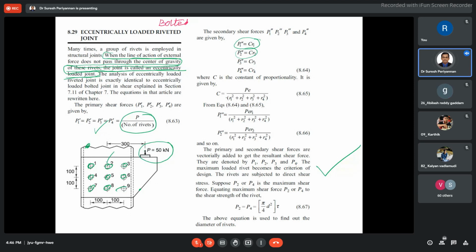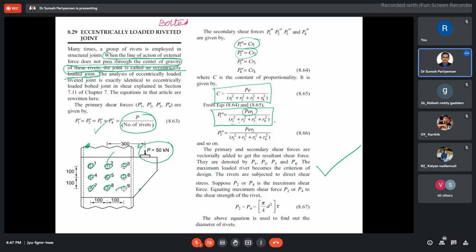Then go back to your threaded joint in the eccentric loaded condition, then you can understand. This is how to find the secondary force at rivet 1: P1 double dash is equal to P into the eccentric distance, into r1, divided by r1 square plus r2 square plus r3 square.